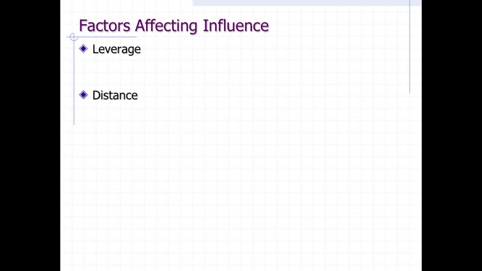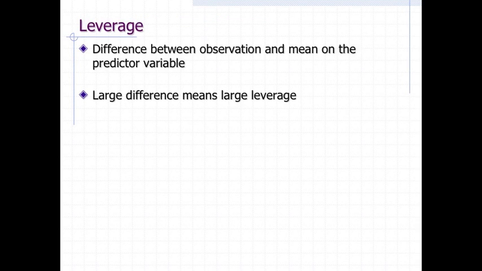Two factors determine the influence of an observation: leverage and distance. The leverage of an observation is based on how much the observation's value on the predictor variable differs from the mean of the predictor variable. The greater an observation's leverage, the more potential it has to be an influential observation.